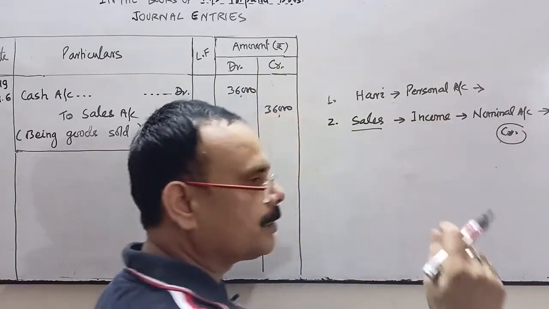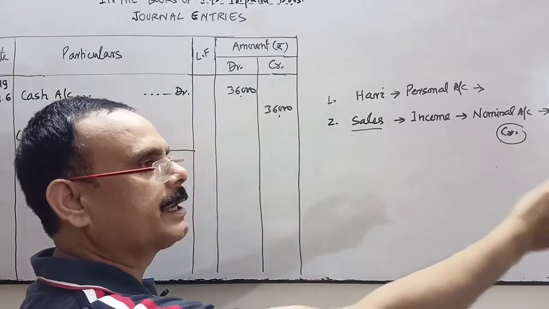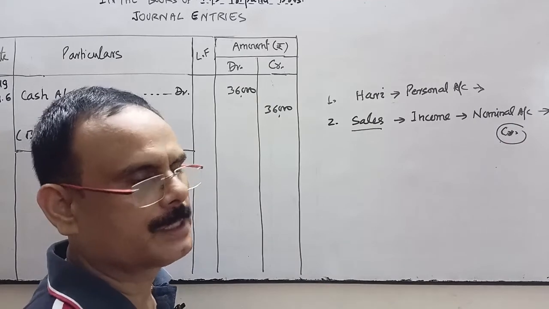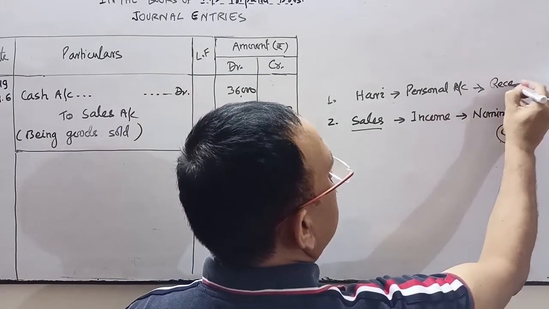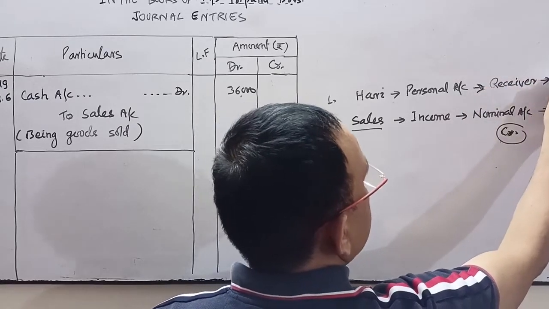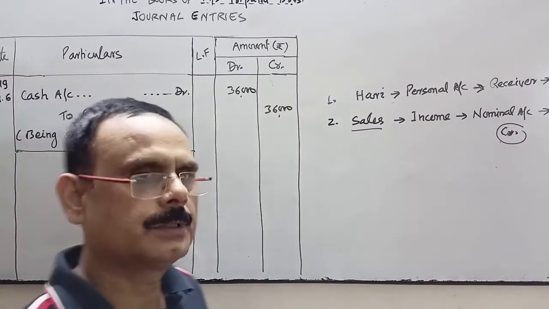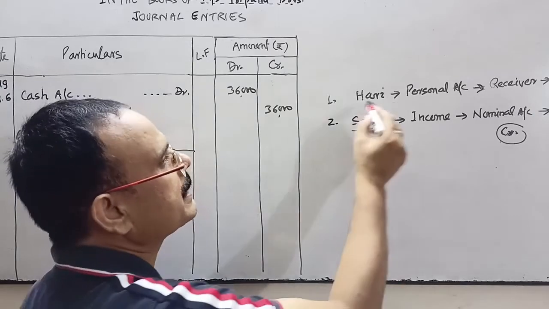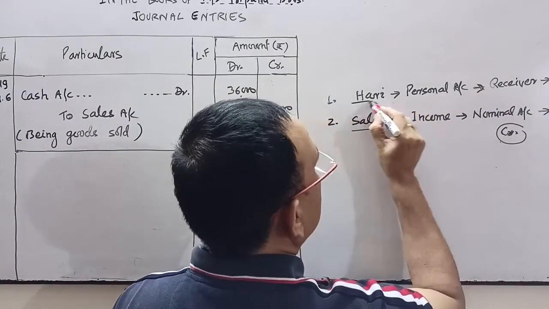When the business sold the goods to Hari, is Hari receiving the goods or is he the giver of the goods? He is the receiver of the goods. As per the rules of personal account, debit the receiver and credit the giver. So Hari's account will be debited.